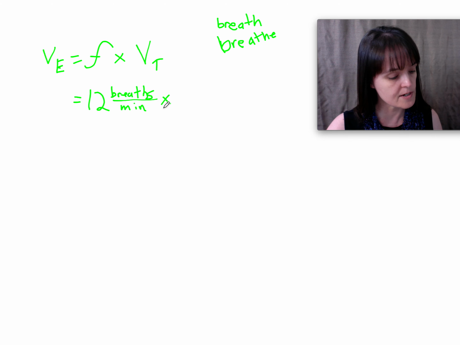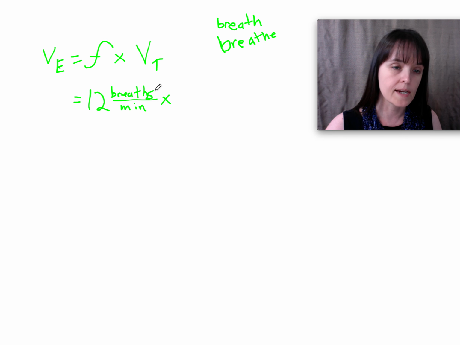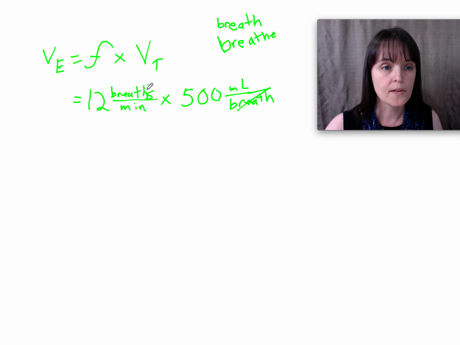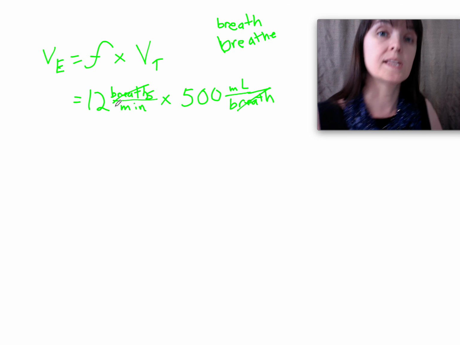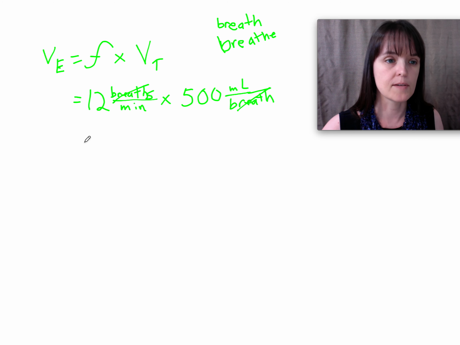Okay, so we're calculating respiratory minute volume, and this is the respiratory rate, and we need the tidal volume, which is an average of 500 milliliters per breath. And as we discussed last time we did this, breath divided by breath is 1, and 1 times anything is itself, and so we're not concerned with that right now.